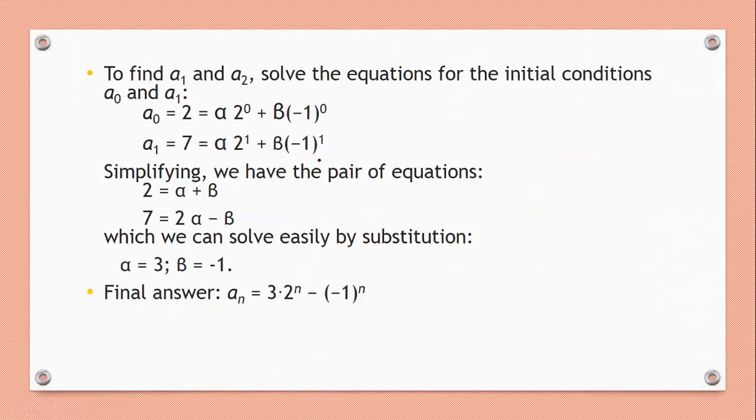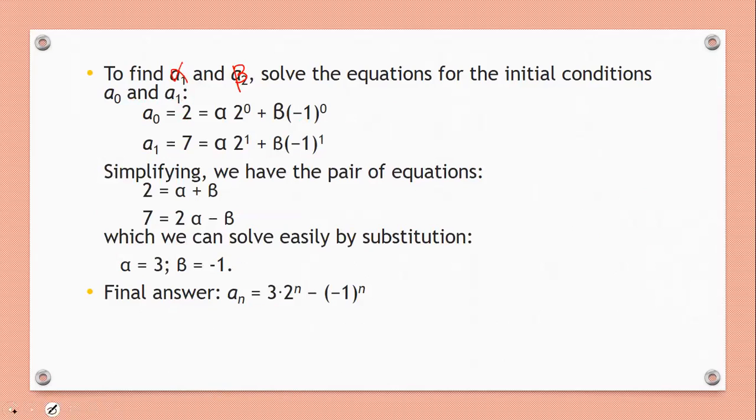Now to find alpha and beta, we solve the equations for the initial conditions a0 and a1. We already have a0 given as 2 and a1 given as 7.